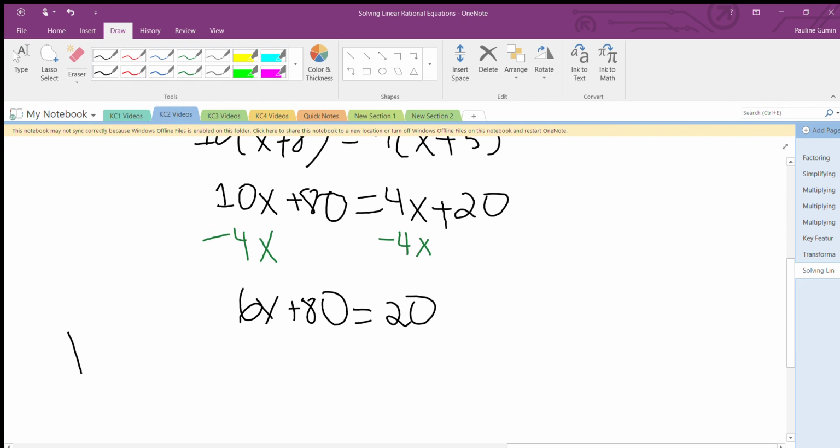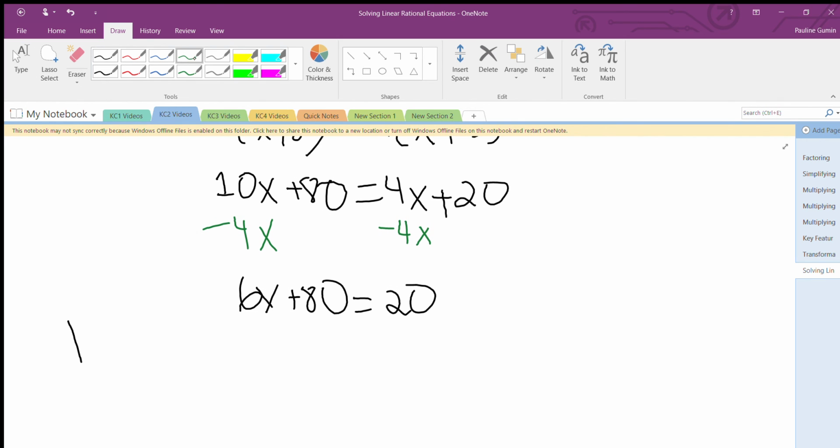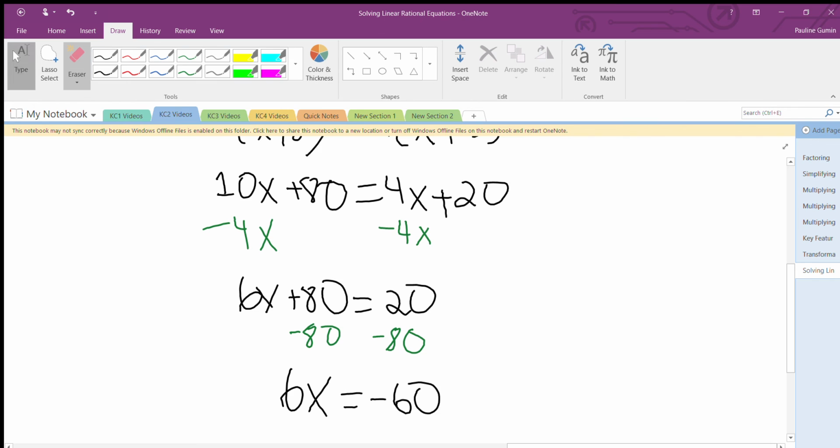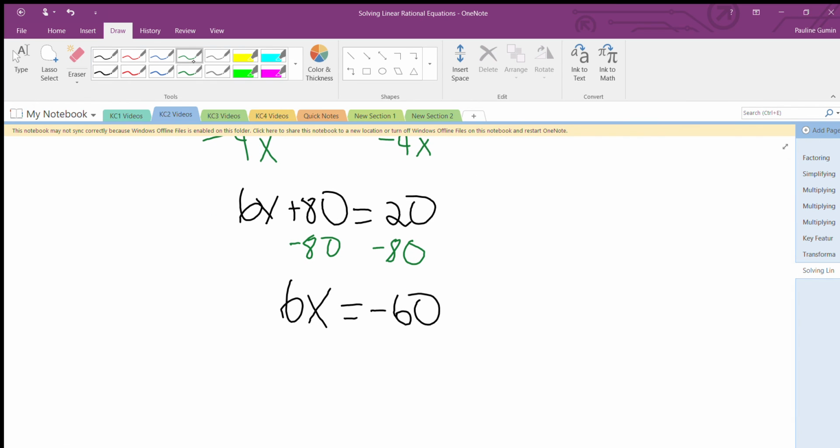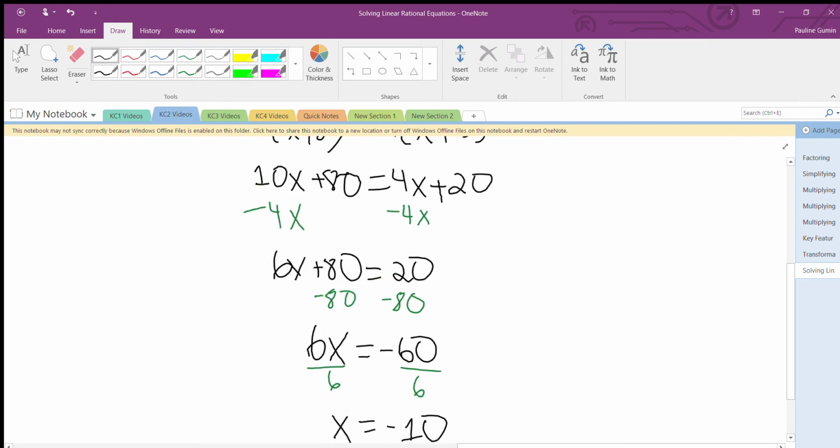Okay, just a reminder. Let's subtract 80 from both sides to get our constant on the same side. So we have 6x equals negative 60. And we're going to finish that up by dividing both sides by 6. Be careful with your signs. Your answer should be negative 10.